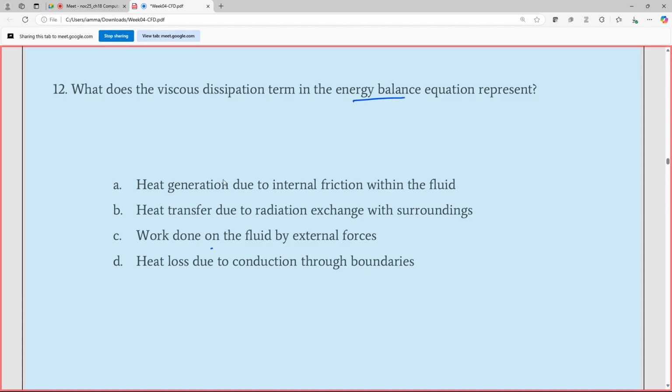Our answer is option A, heat generation due to internal friction within the fluid.